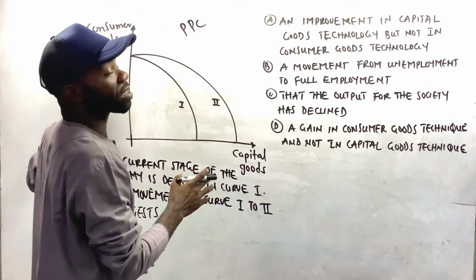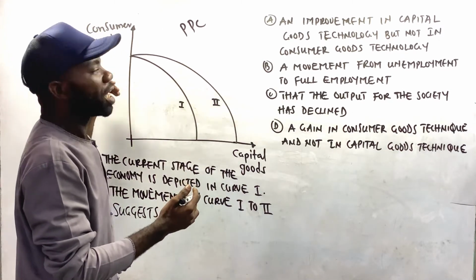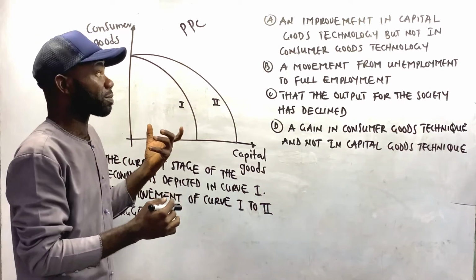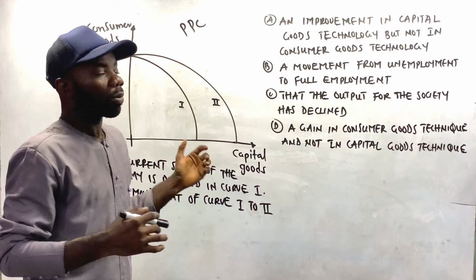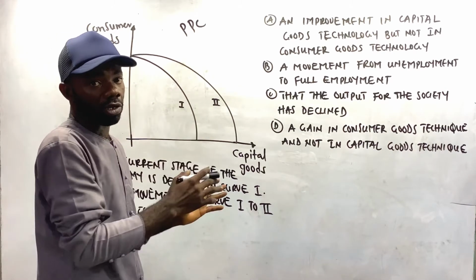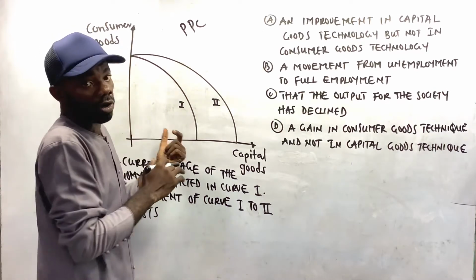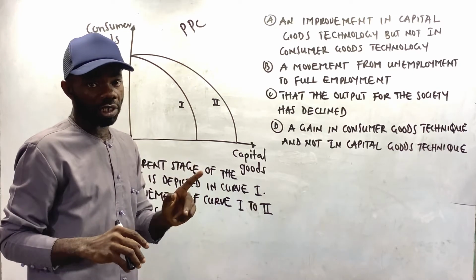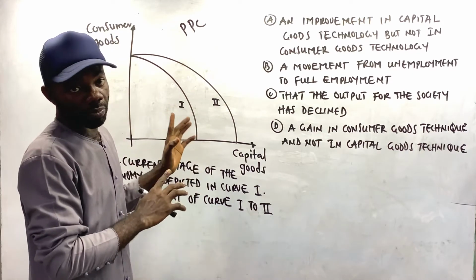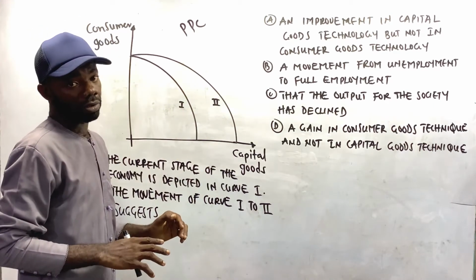Now, this is a part of the diagram from production possibility curve representing partial shift. We have the total shift of the production possibility curve, and then this is partial shift of the production possibility curve. Don't forget, we have two products or commodities involved in production possibility curve. Consumer goods and capital goods in this case.